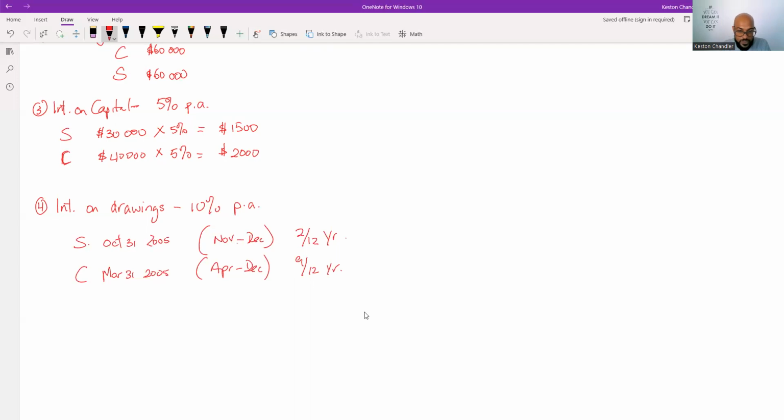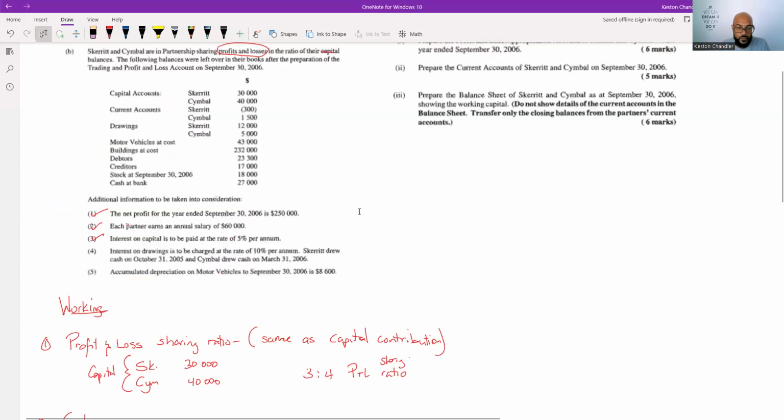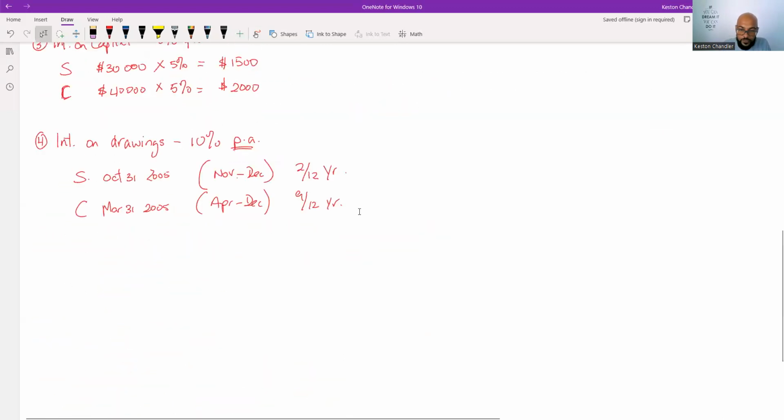So remember, it's 10% per annum, but they didn't draw for the entire year. And the amount of drawings was $12,000 for Skeritt, $5,000 for Cymbal.